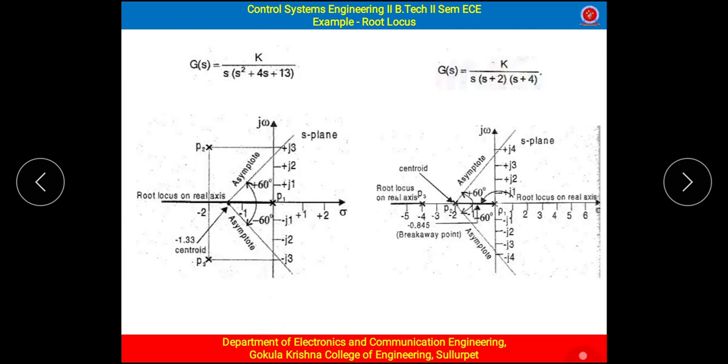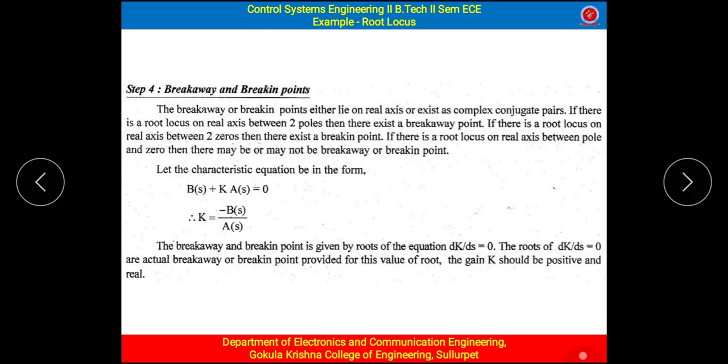The reason is that in the first example there is only one pole. In most of these kinds of cases there is no need for a breakaway or break-in point, but in this case, because there are two poles, there will be a breakaway point. So let's calculate that.